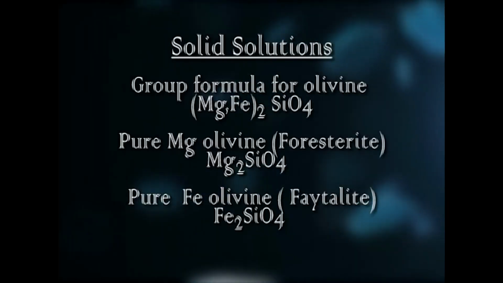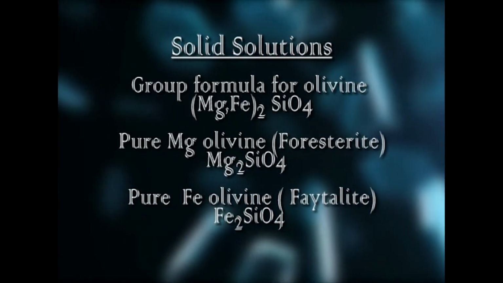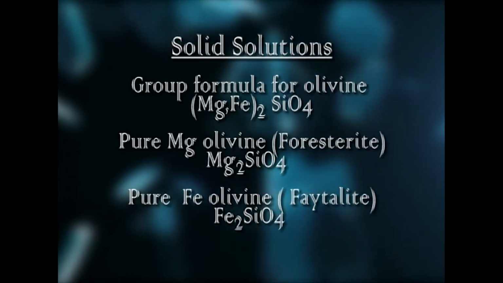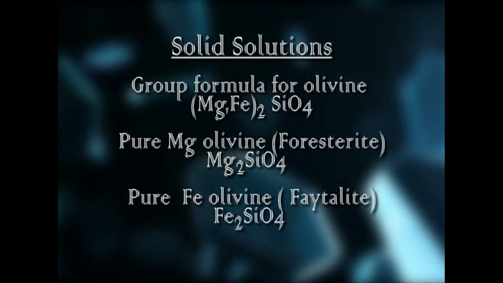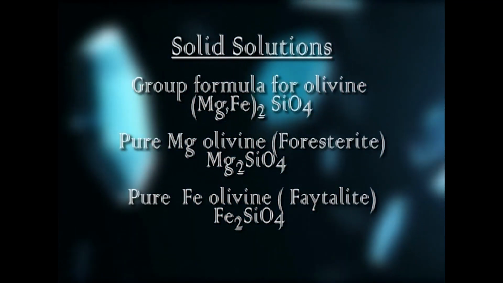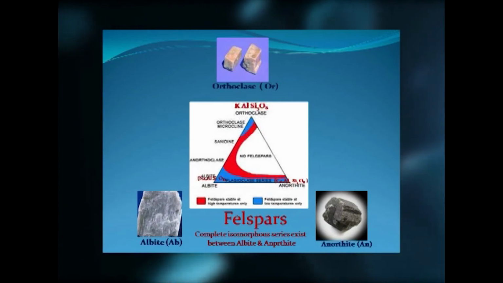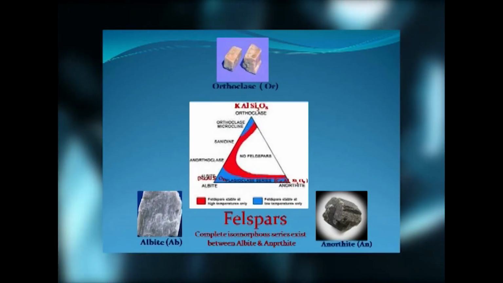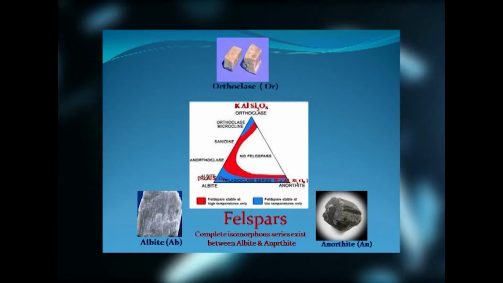For example, the group formula for olivine will be (Mg,Fe)2SiO4, but for pure Mg olivine the formula will be Mg2SiO4, and Fe2SiO4 for pure fayalite. This is best seen in the plagioclase feldspar series, which is presented in the PowerPoint.